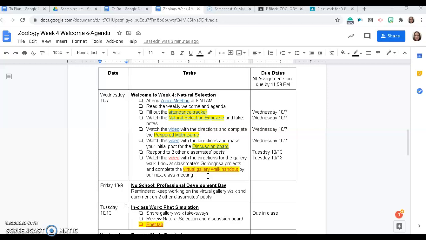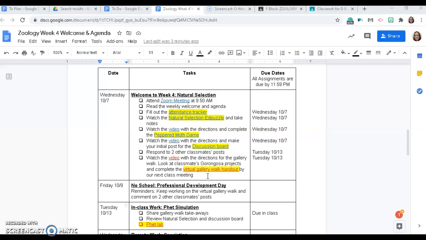This means you have the entire long weekend to read other classmates' discussion board posts and respond to them, and also look at other classmates' Gorangosa projects and come up with some takeaways.